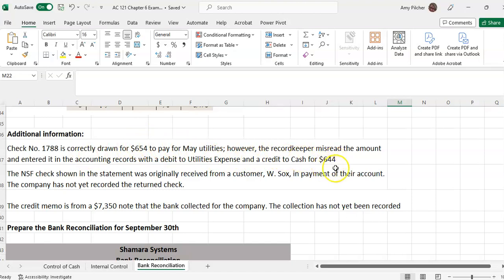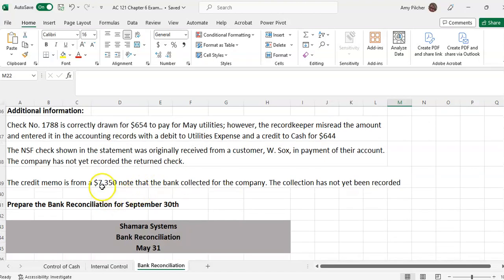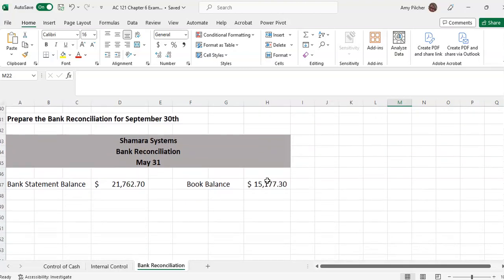However, in our accounting records, we accidentally recorded it for $644. We have a non-sufficient funds check that was originally received from a customer and came in of their account. And the credit memo is from a note that the bank collected for the company, and we haven't recorded the collection yet. We're looking at this information here.